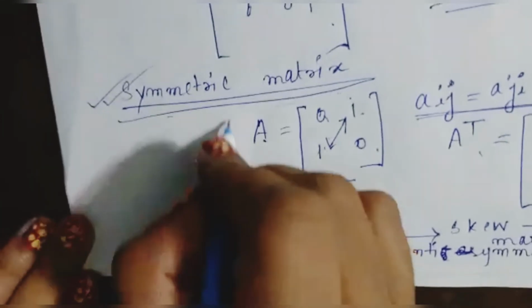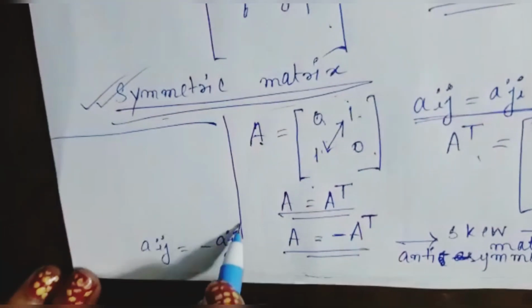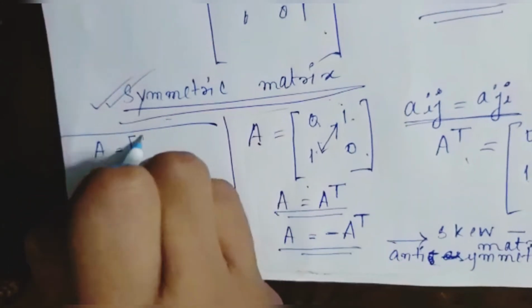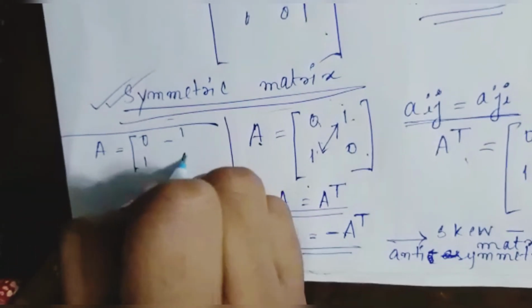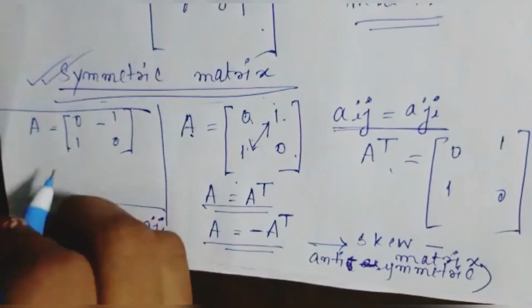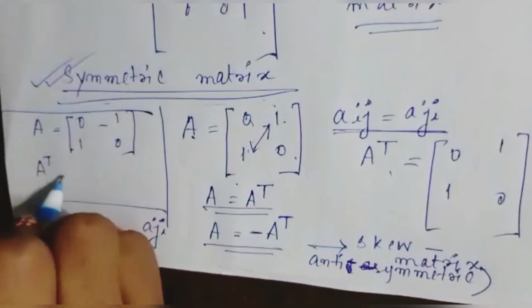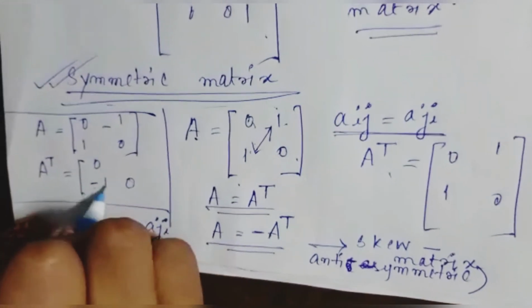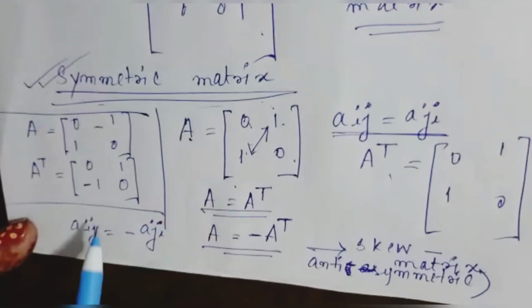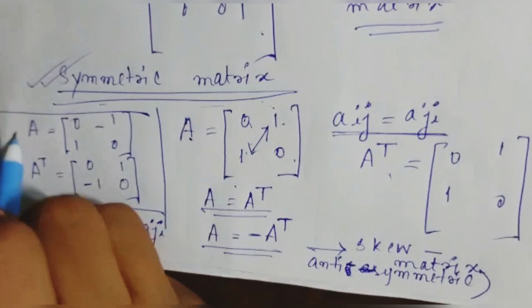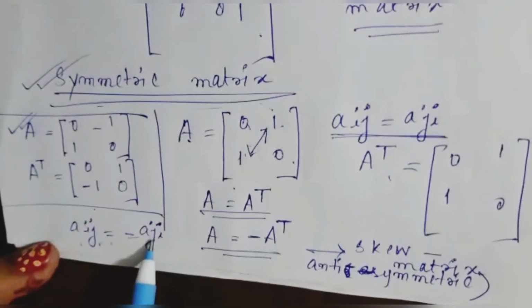What can be the example of that? Suppose you have your A as 0 1 minus 1 and 0. Okay, suppose you have it like this. Now if you transpose this, it will look like this, isn't it? So you see, your Aij means this one is the negative of Aji.